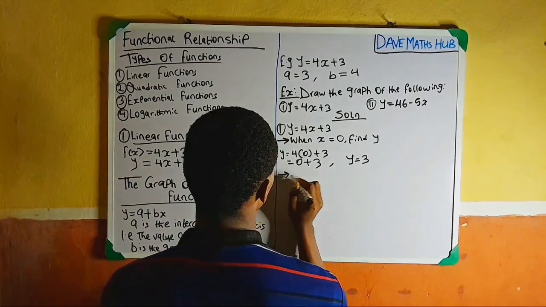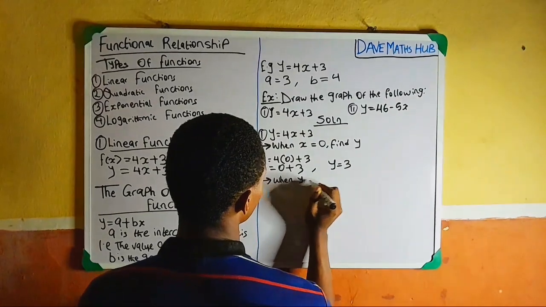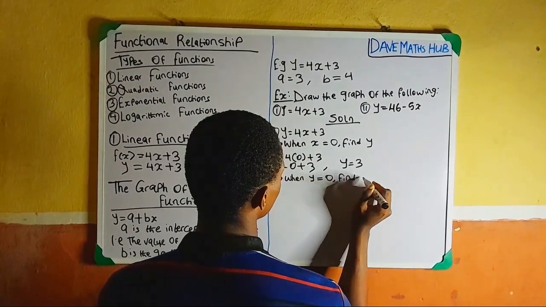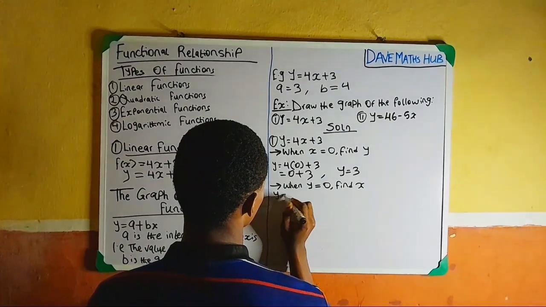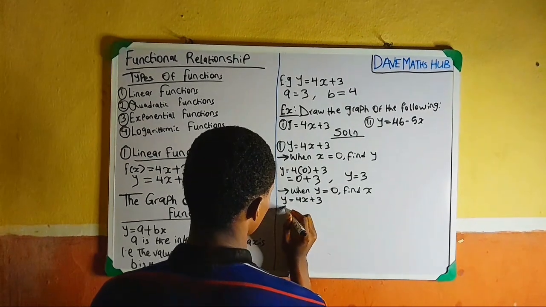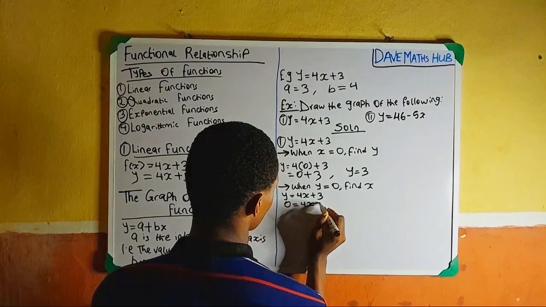Now, when y is equal to 0, find x. We have y equals 4x plus 3. This is 0 equals 4x plus 3.